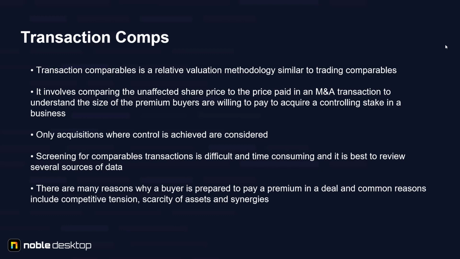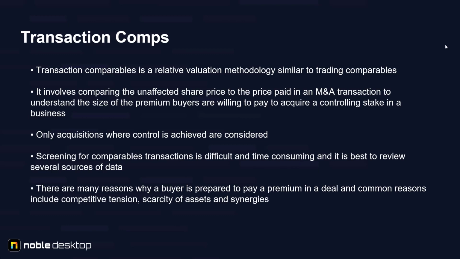Screening for comparable transactions is difficult and time-consuming, and it is best to review several sources of data. There are many reasons why a buyer is prepared to pay a premium in a deal, and common reasons include competitive tension, scarcity of assets, and synergies.